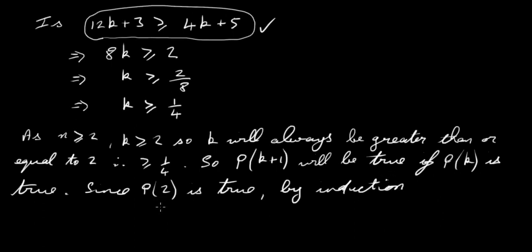So we know that if it's true for 2, for example, if k was 2, then we know that the proposition is true for k equal to 2. We've just proven that it's going to be true for 3, in other words k plus 1 in this case, which would be 3. If it's true for 3, it'll be true for 4, and so on, for all values of n greater than or equal to 2. So in other words, that's by induction.